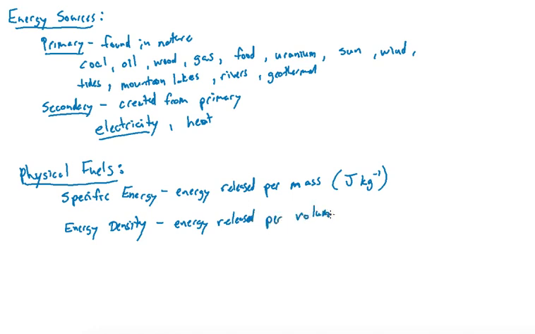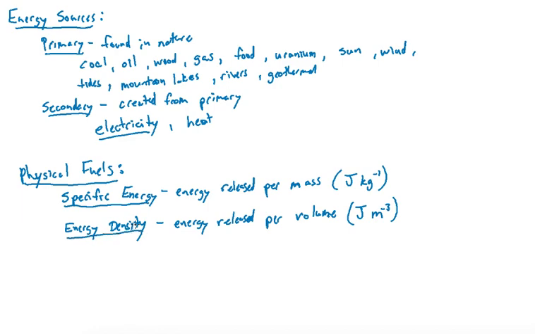And so using these two things, we can compare how good each of these fuel sources are. And of course, this would be a joule per cubic meter, so an energy per volume, as this was an energy per mass. And so these are our two basic terms we would discuss these things in.